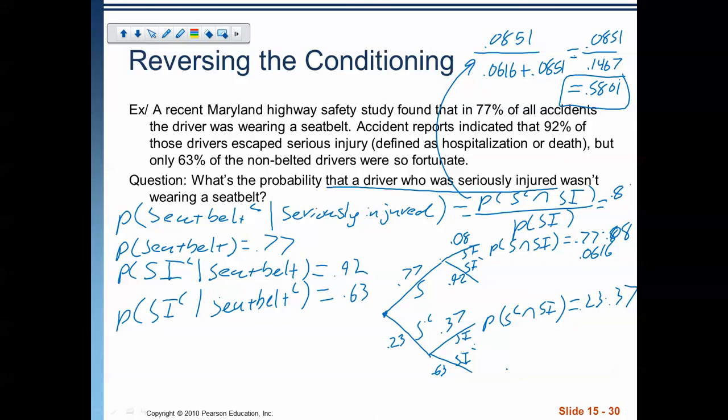The probability of being seriously injured is the probability of wearing a seatbelt and being seriously injured plus the probability of not wearing a seatbelt and being seriously injured. So we took that probability and that probability and we added them together.